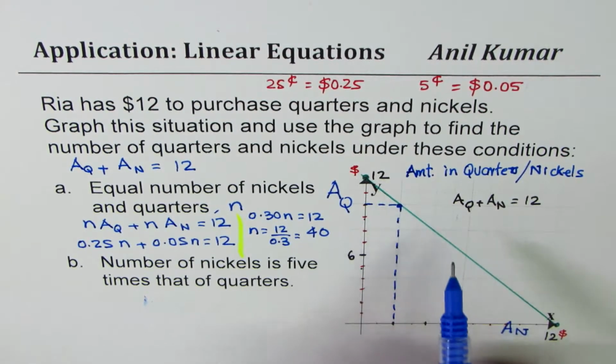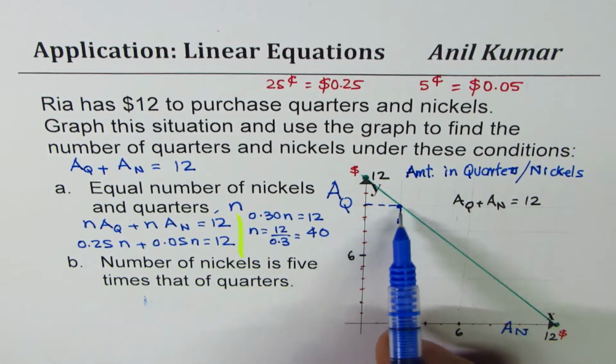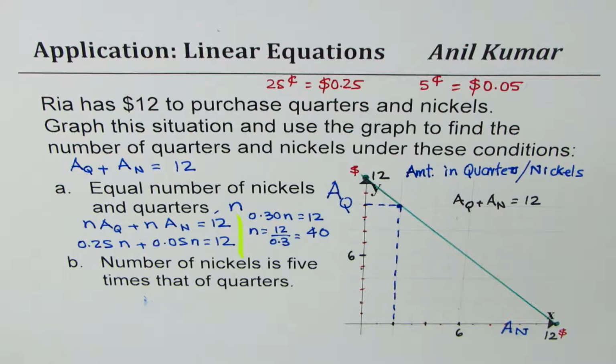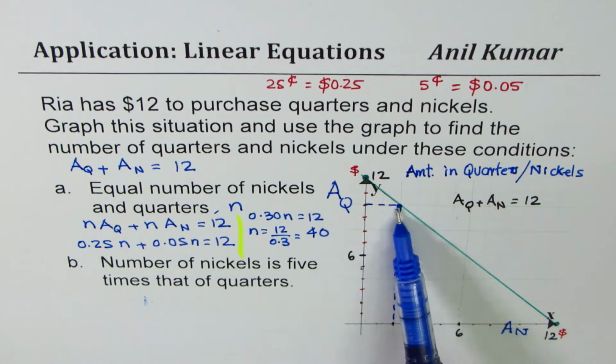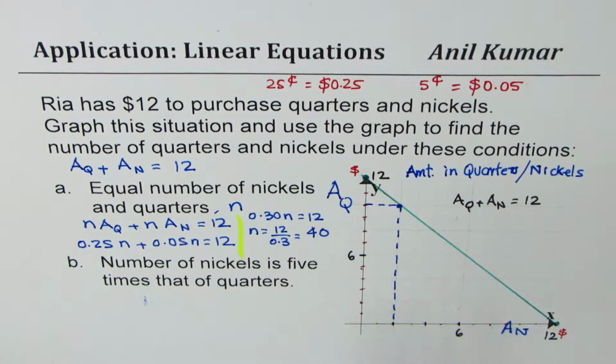Also, equal number of nickels and quarters will result in this same number, because this graph was in amounts, and therefore we get this situation. Do you get an idea, right? Now graphically, how could you find this answer? That is good to understand. Graphically, we could use this equation, rearrange and find the answer, right? Here is the equation. We found that n is 40 and that gives us the result.